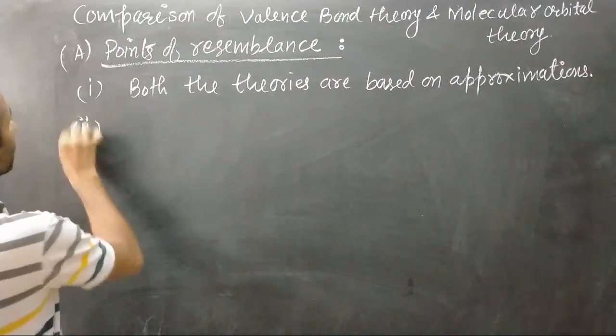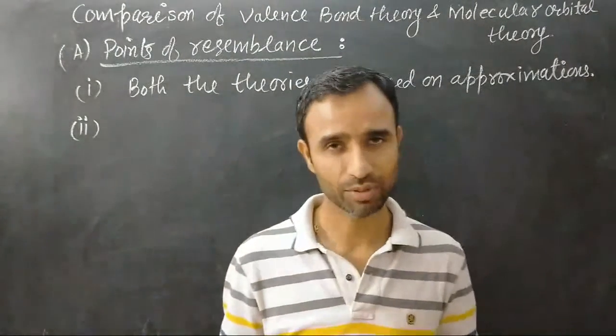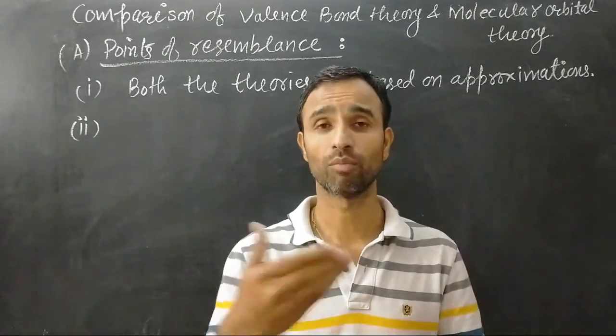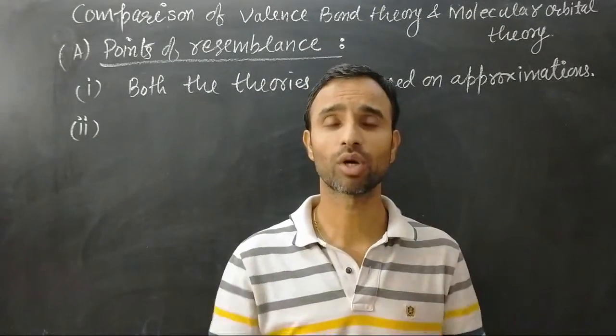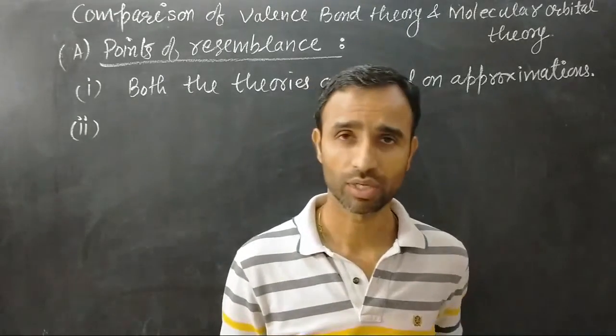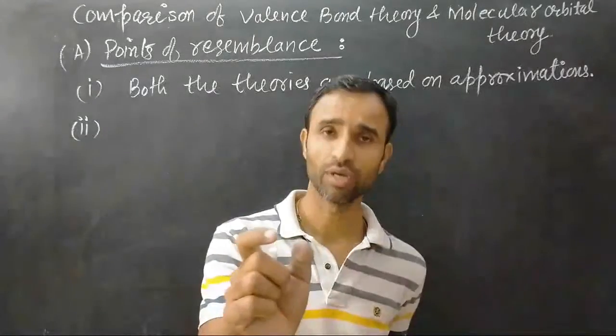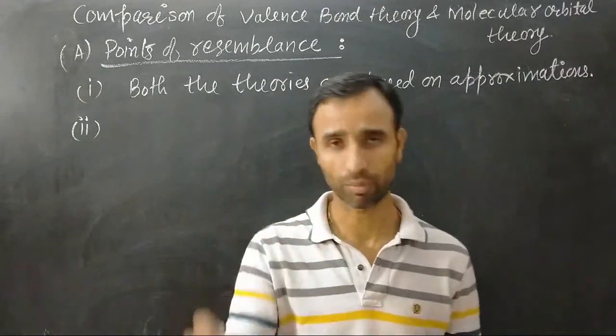And in both the theories, in first case atomic orbitals overlap. In molecular orbital theory, when these atomic orbitals overlap, we get molecular orbitals, and this orbital overlap is necessary for the bond formation.